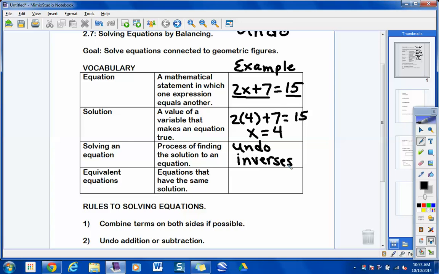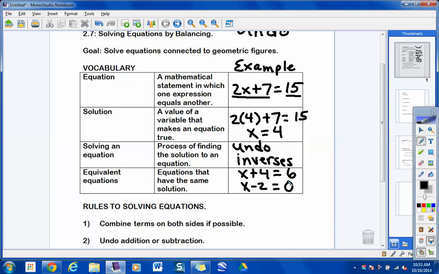Equivalent equations are equations that have the same solution. I have an example right here. If I had x plus 4 equals 6, what's your solution to this? What plus 4 would make 6? 2. And if I had x minus 2 equals 0, what would the solution be there?